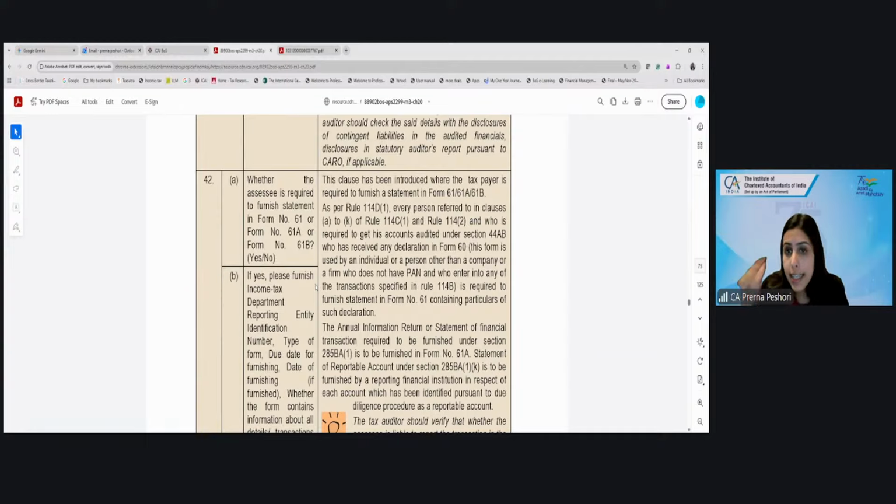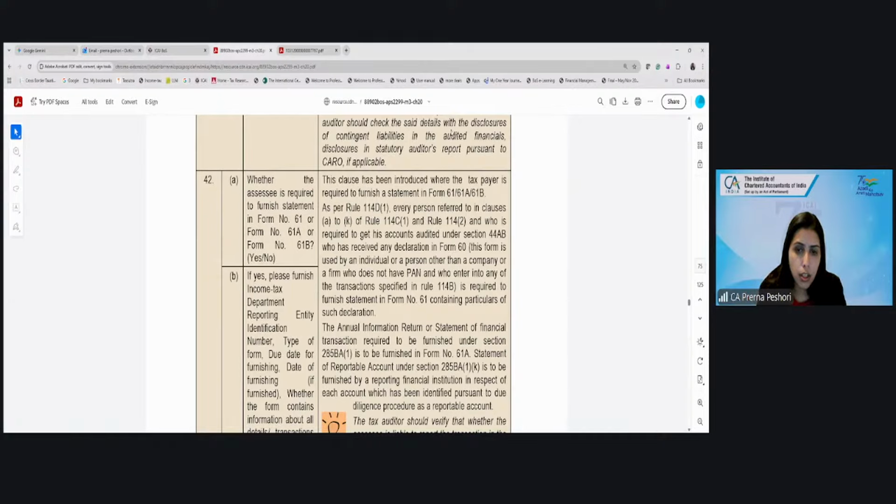So, in case of 61, what is this Form 61? Basically, every person who is required to get his accounts audited, tax audit done, has to furnish a declaration or a statement in Form 61 in respect of the person who has not submitted the PAN but has given the declaration for obtaining the PAN.